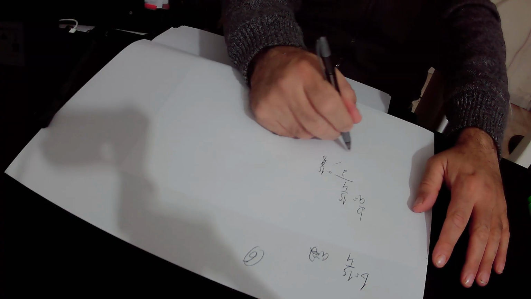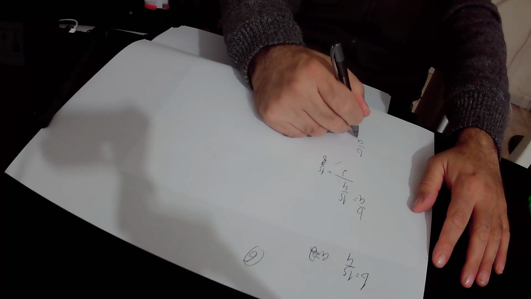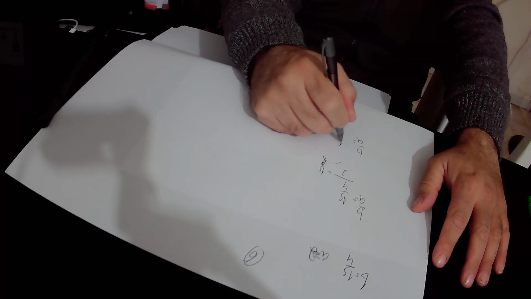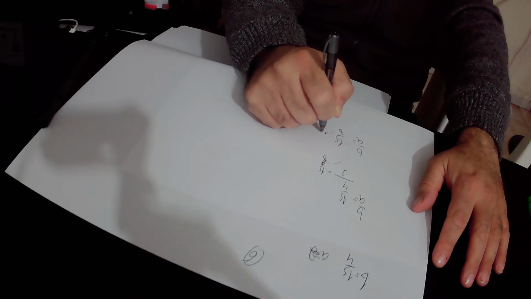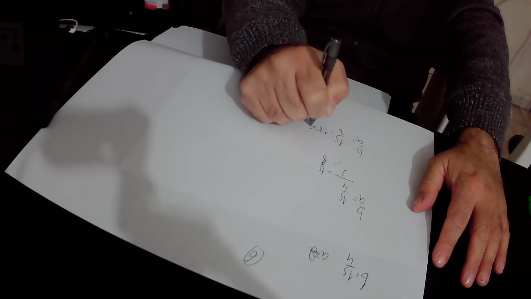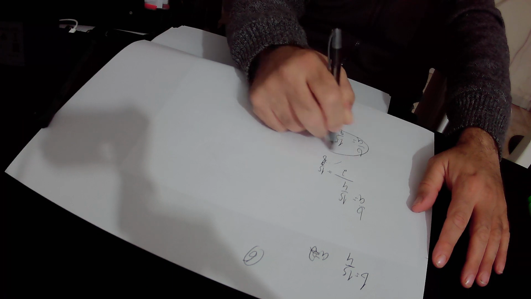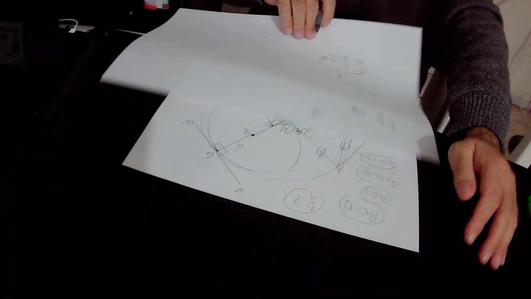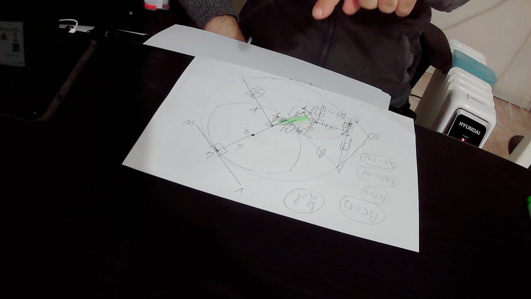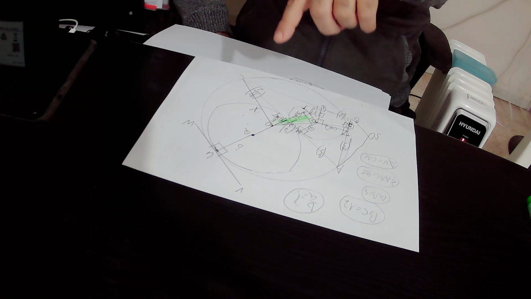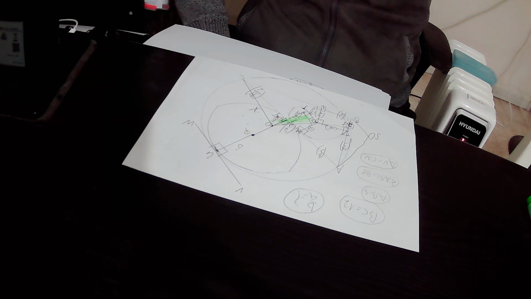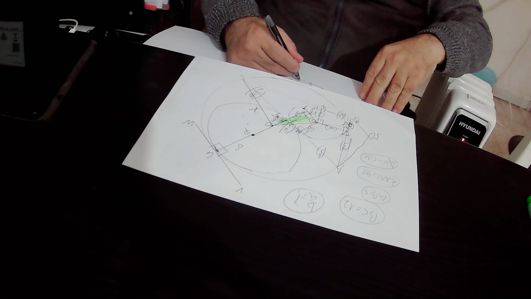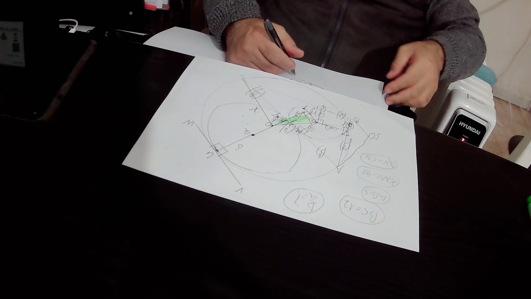So b over a equals 15 over 8, or in terms of numbers, it equals 1.875. I repeat again: the answer to this question is that the ratio b over a equals 15 over 8, and in terms of numbers, it is equal to 1.875. In the next step, I will summarize the lecture.